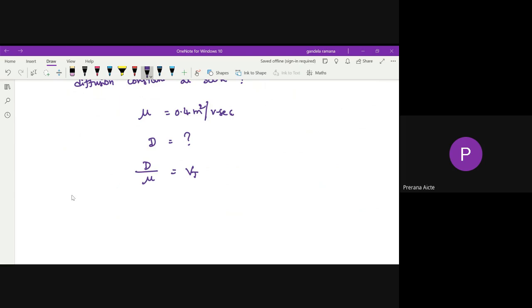Just now we discussed the Einstein relationship, isn't it? D by mu is equal to Vt, the thermal voltage. So D is equal to mu into Vt.